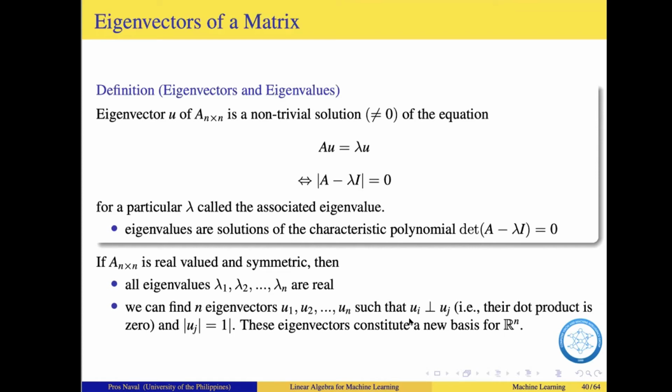That means that their product is 0, and each of these eigenvectors is actually a unit vector. As a result, these eigenvectors now constitute a new basis for Rn.